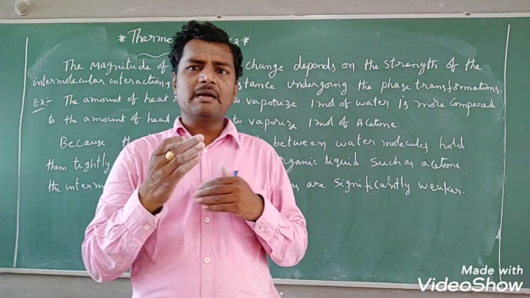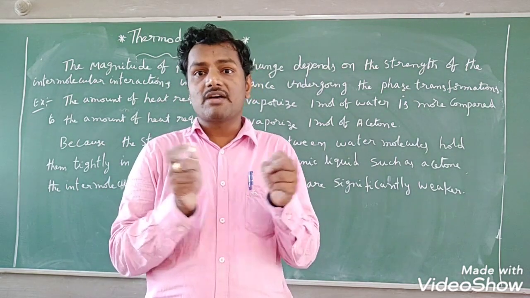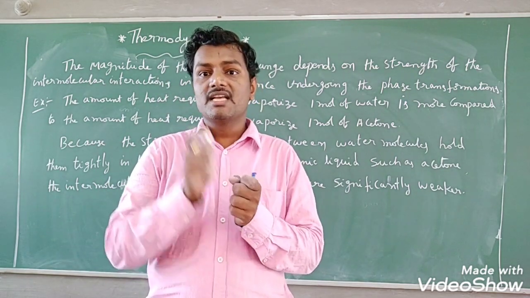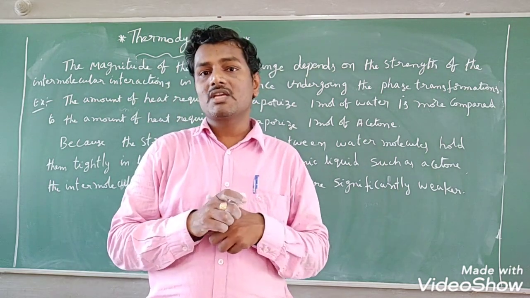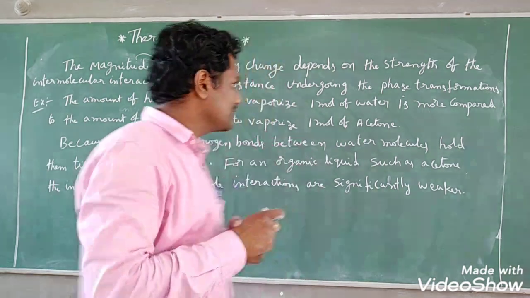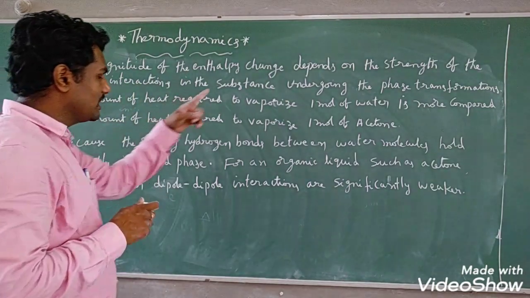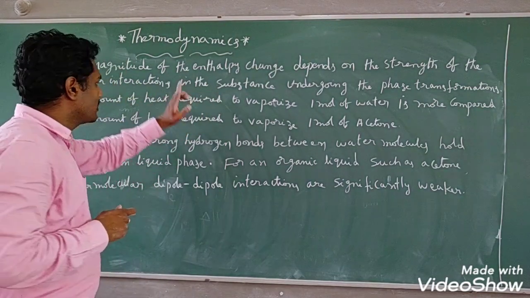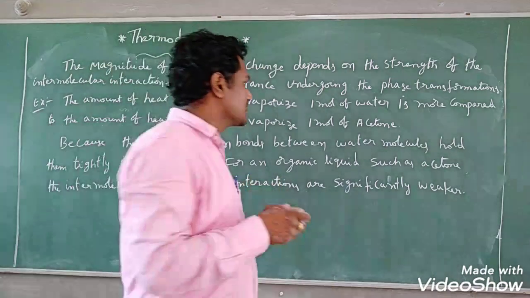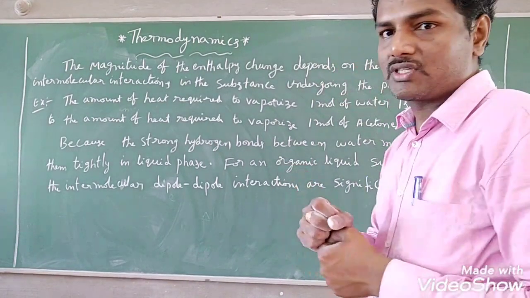Depending upon the intermolecular forces of attraction between the molecules, we can identify the magnitude of enthalpy change. The magnitude of enthalpy change mainly depends upon the strength of the intermolecular interactions in the substance undergoing the phase transformation.